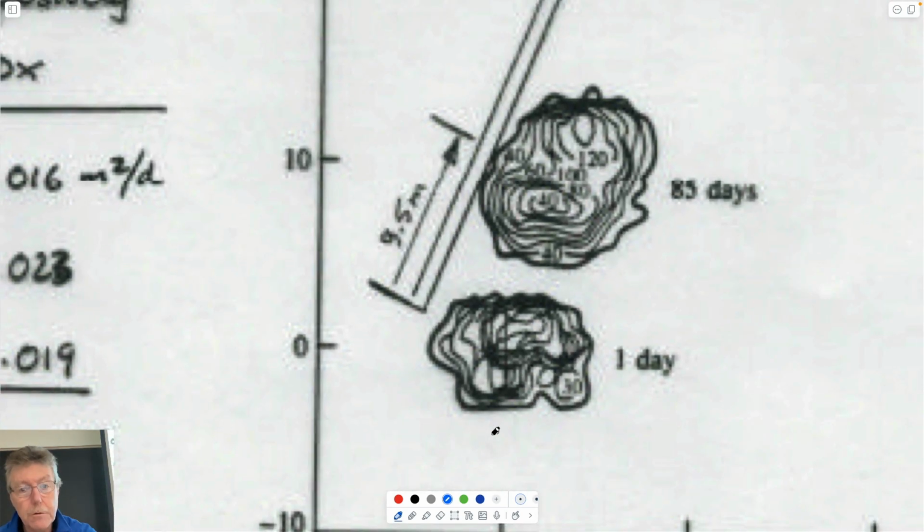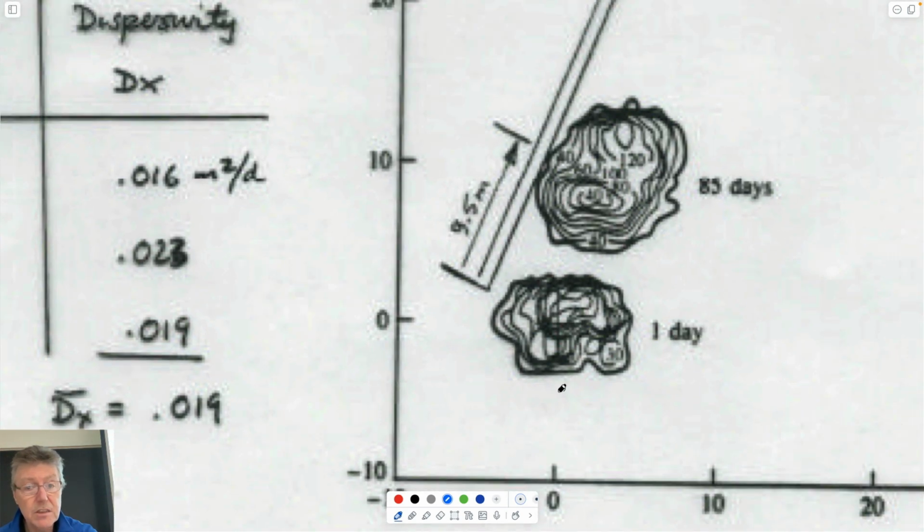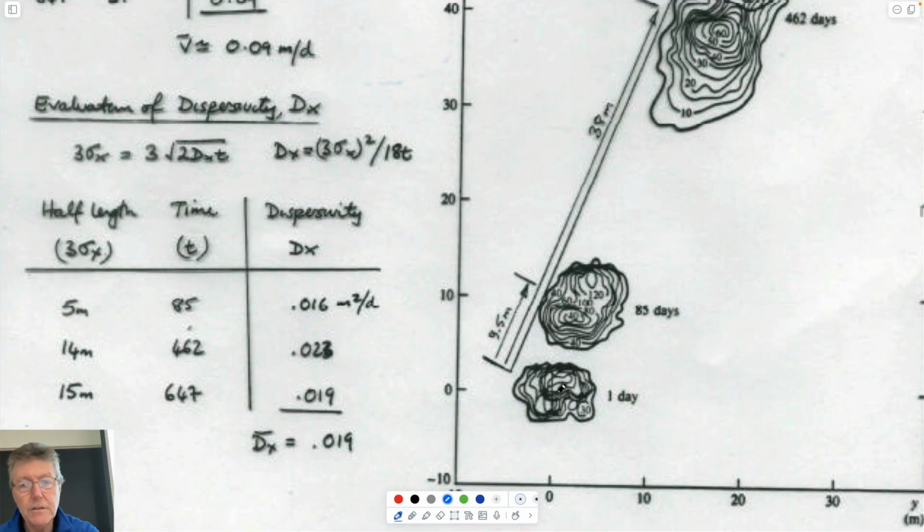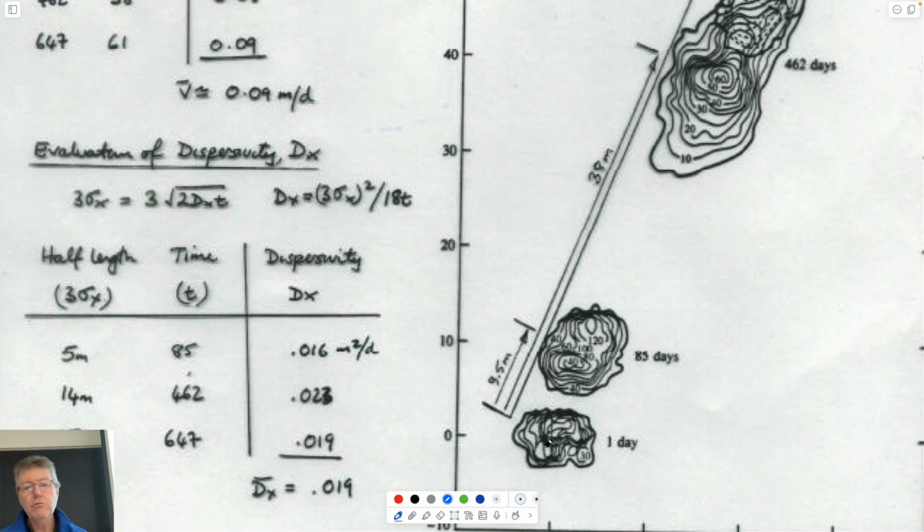This garbled profile is in some units. Let's not worry about the units. You roughly know where you measure heads both upstream and downstream, and also crosswise, and so you know your gradients of heads either upstream or downstream.